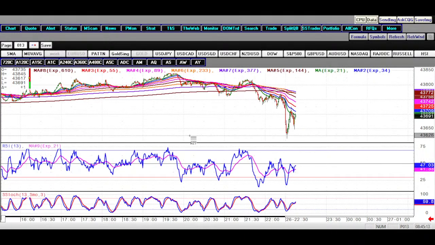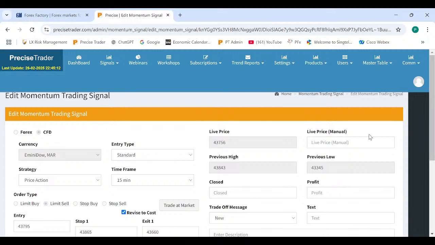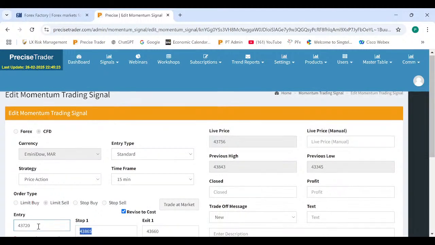Then the TP we'll try to put at 620. We are revising this. Try to sell at 720, 825 and 620. That's 100 pips.